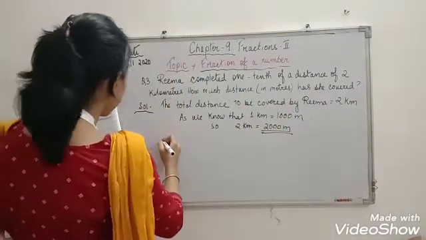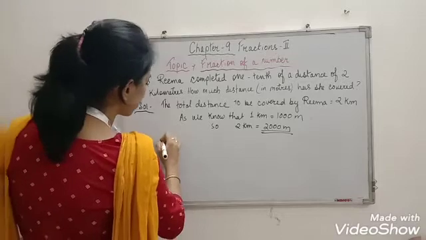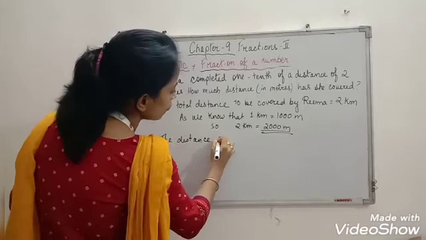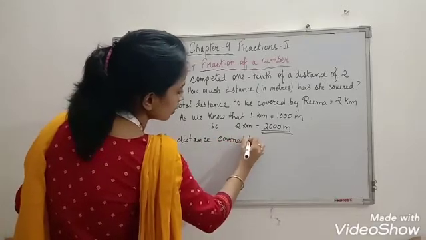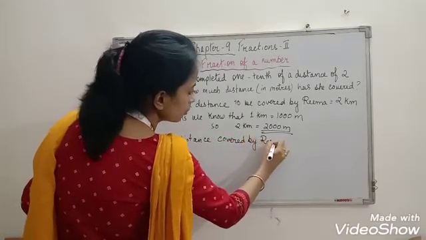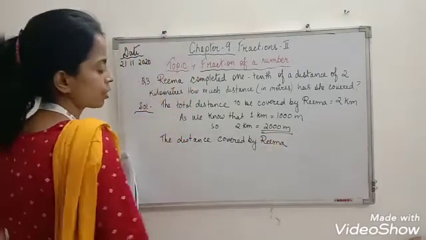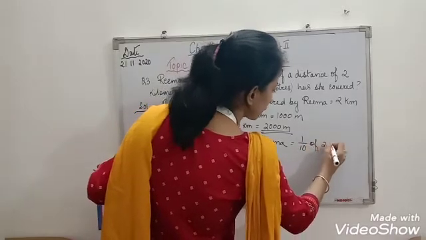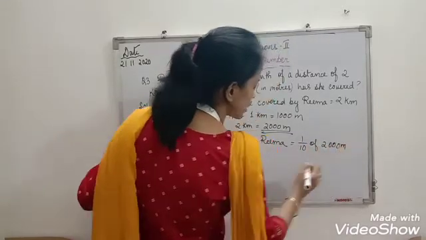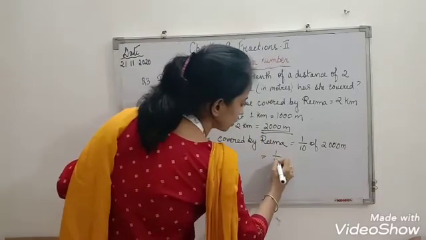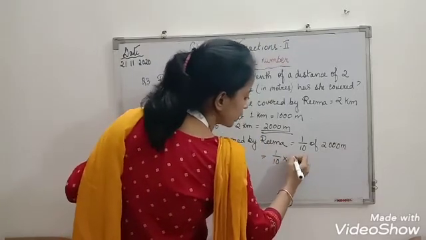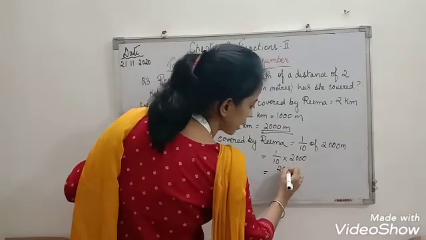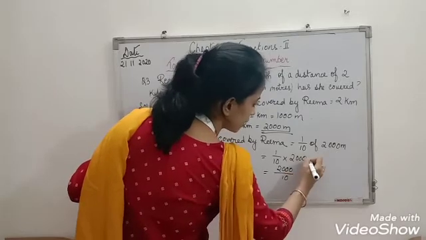So what are we going to learn right here? The distance covered by Rima equals 1/10 of 2000 meters. 1/10 of 2000 equals 1 by 10 into 2000. That means 2000 by 10.